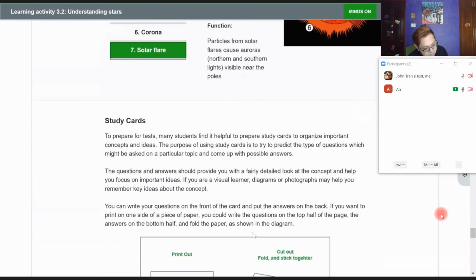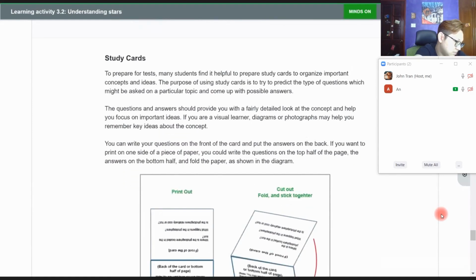Study cards. To prepare for many tests and student finals, you may find it helpful to prepare study cards to organize important concepts and ideas.